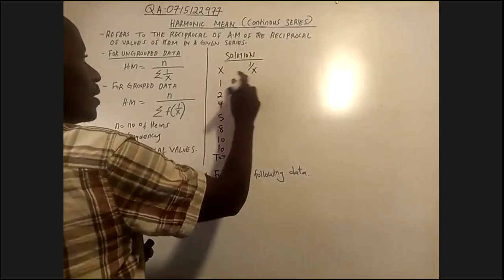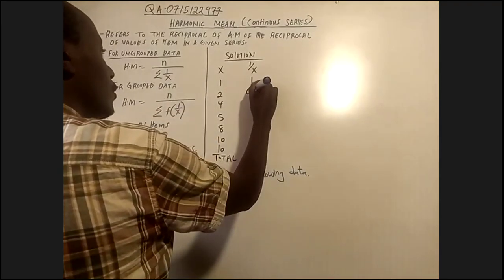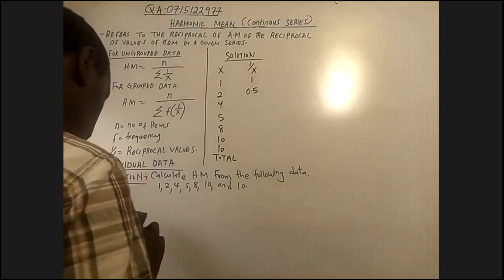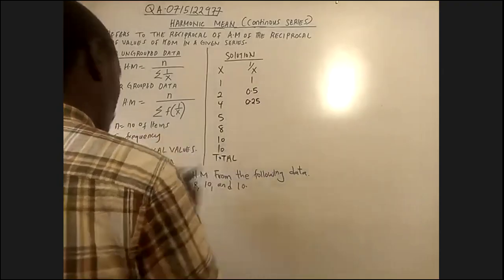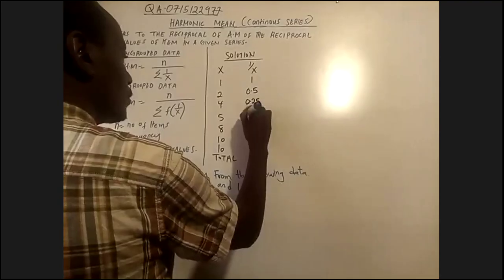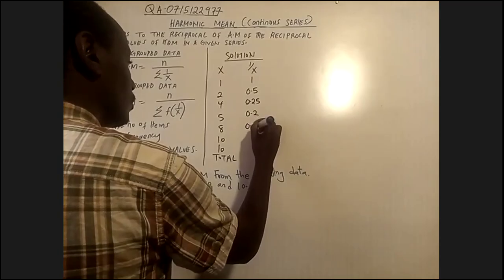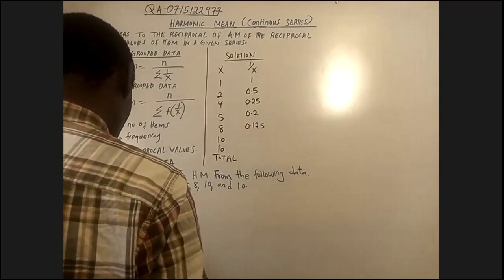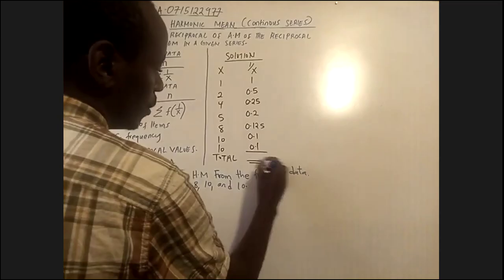Now, 1 over 1 is 1. Then 1 divided by 2 is 0.5. 1 divided by 4 is 0.25. 1 divided by 5 is 0.2. 1 divided by 8 is 0.125. 1 divided by 10 is 0.1. Total figures.